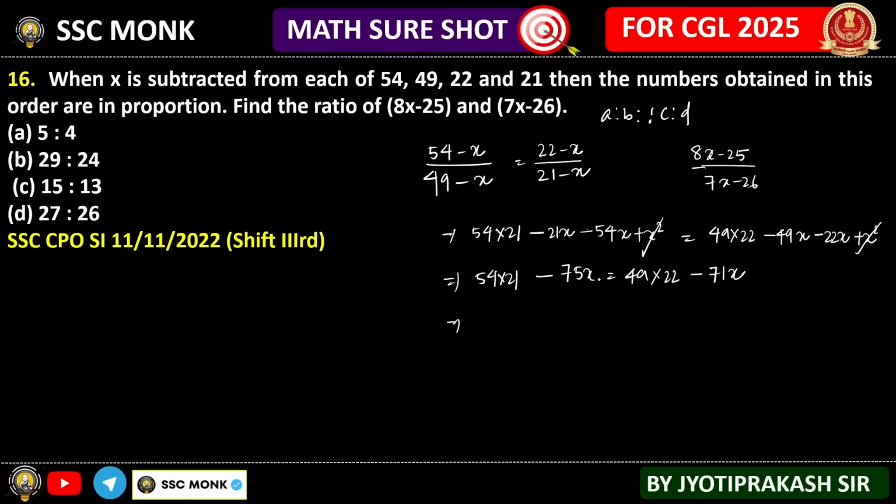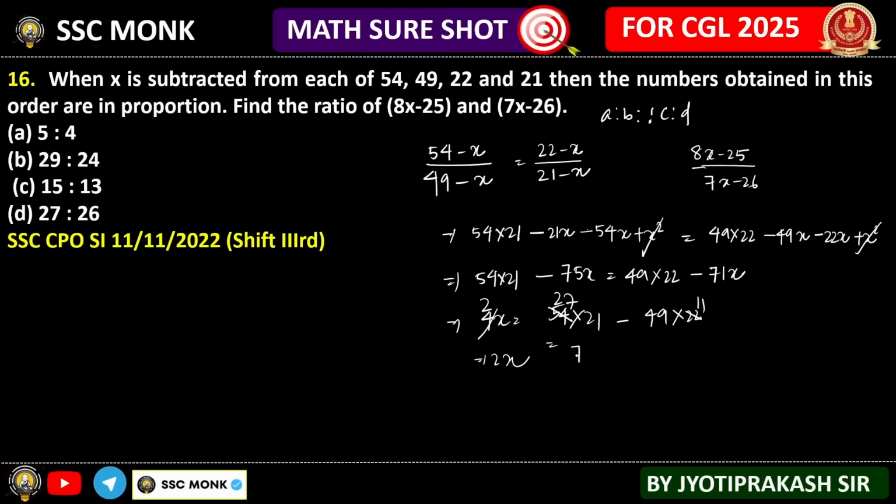So I can write 75 minus 71, that is 4x is equal to 54 into 21 minus 49 into 22. Now how can I simplify it further? Let's divide it by 2. Clear? Now let's keep it as 2x.